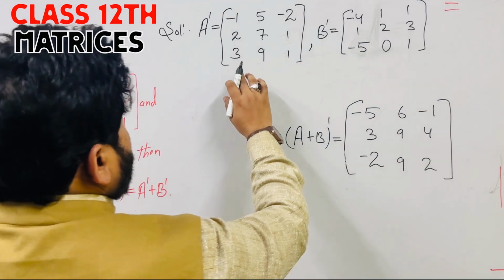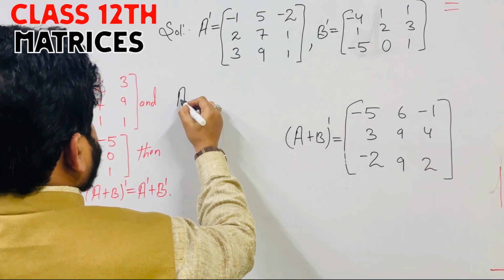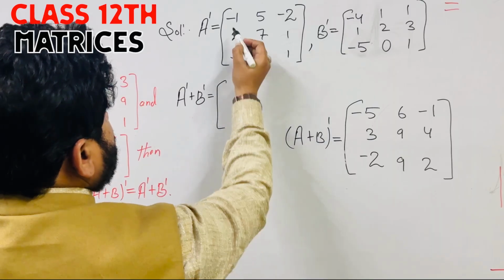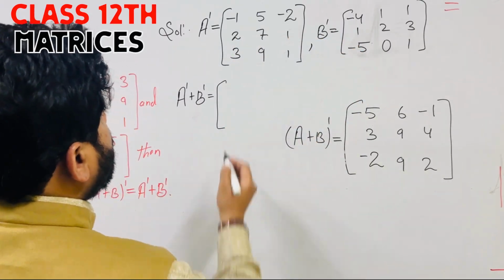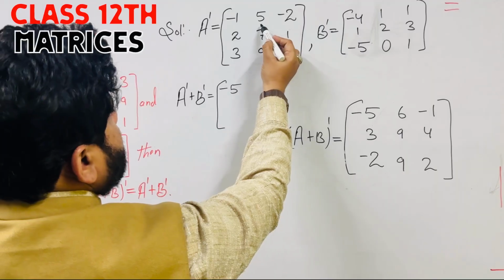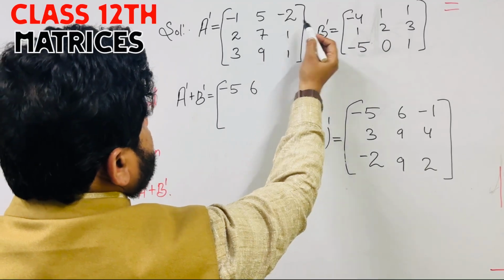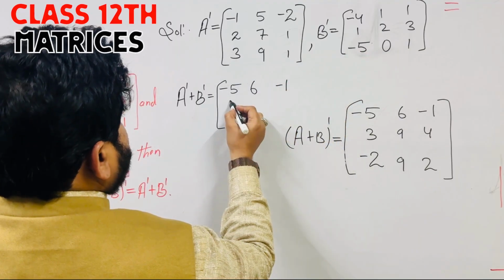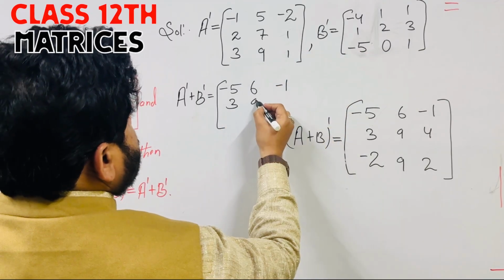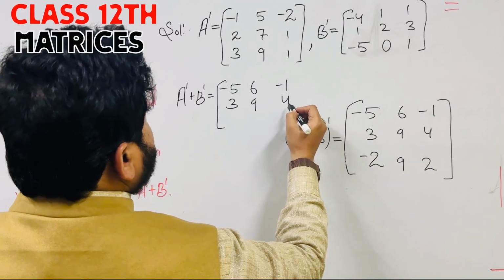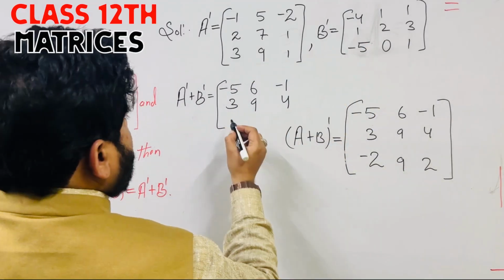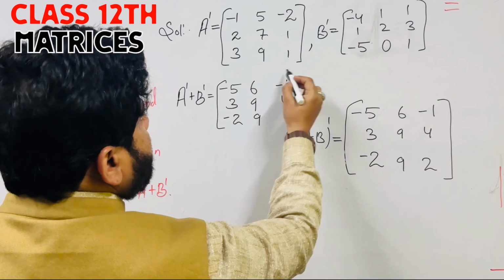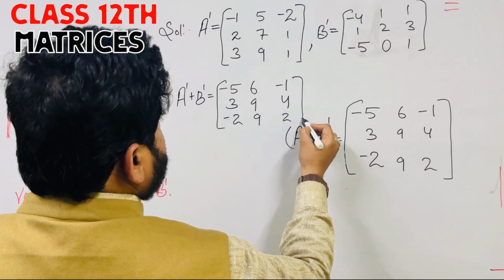Now A dash plus B dash is equal to minus 1 minus 4, that is minus 5, 5 plus 1, 6, minus 2 plus 1, that is minus 1, 2 plus 1, 3, 7 plus 2, 9, 3 plus 1, 4, 3 minus 5, that is minus 2, 9 plus 0, that is 9, 1 plus 1 is 2.